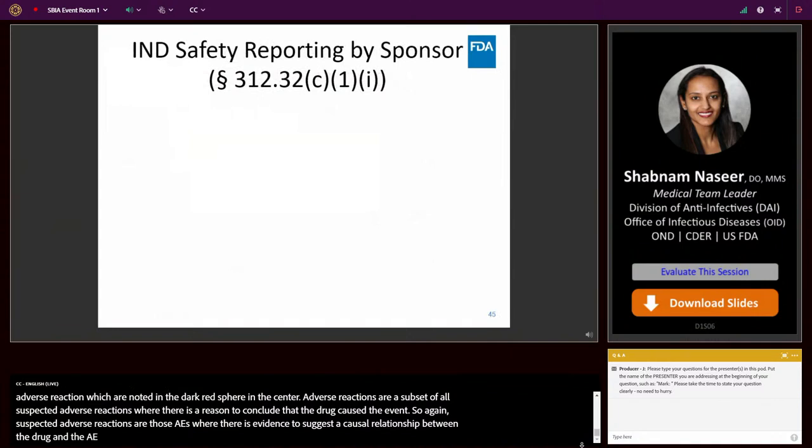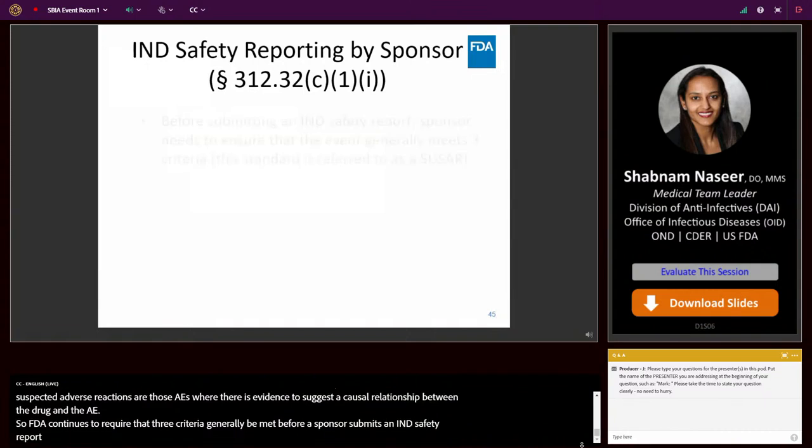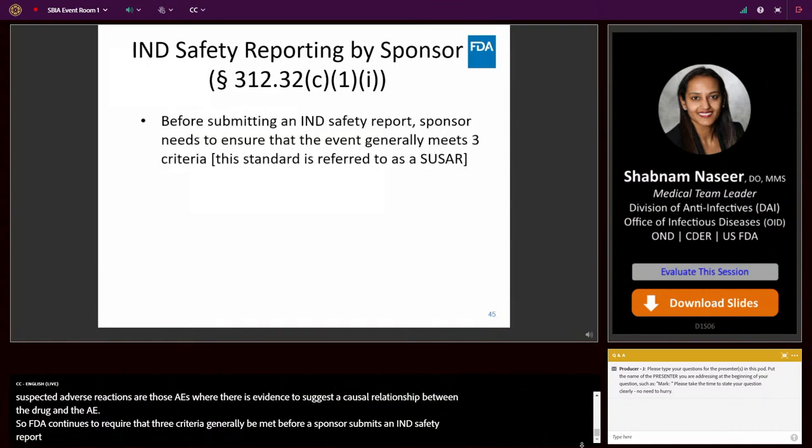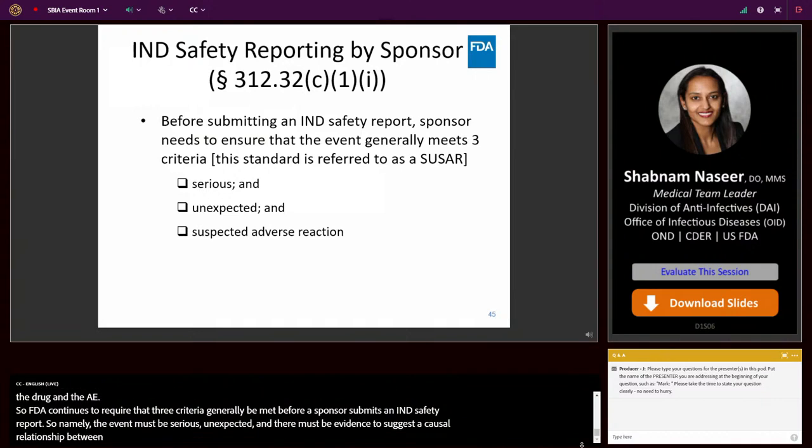So FDA continues to require that 3 criteria generally be met before a sponsor submits an IND safety report. Namely, the event must be serious, unexpected, and there must be evidence to suggest a causal relationship between the drug and the event. Often this standard is referred to as a SUSAR.